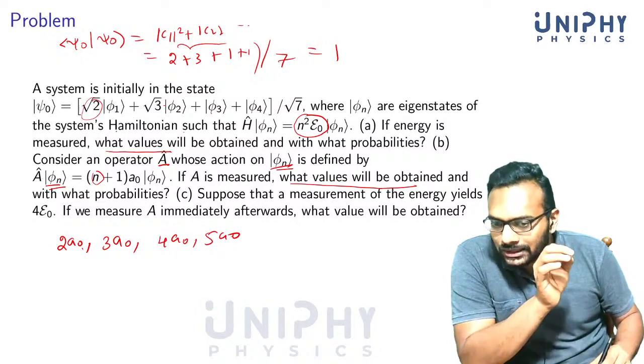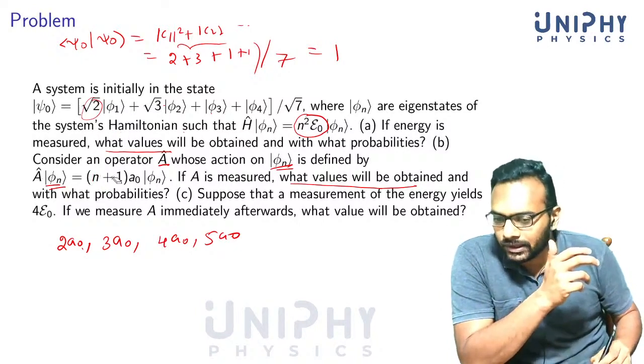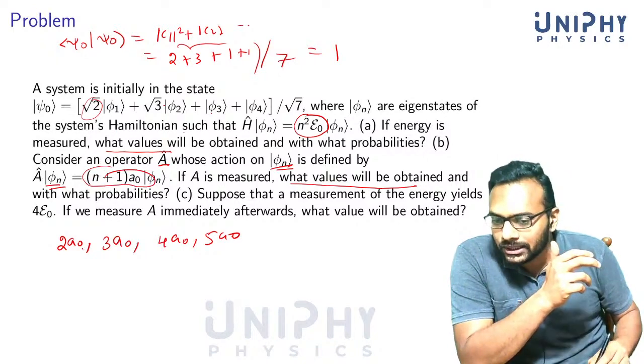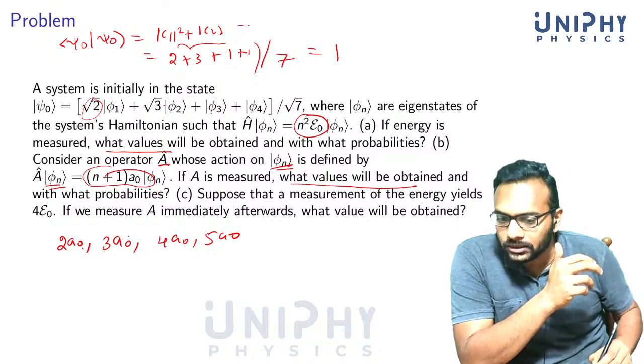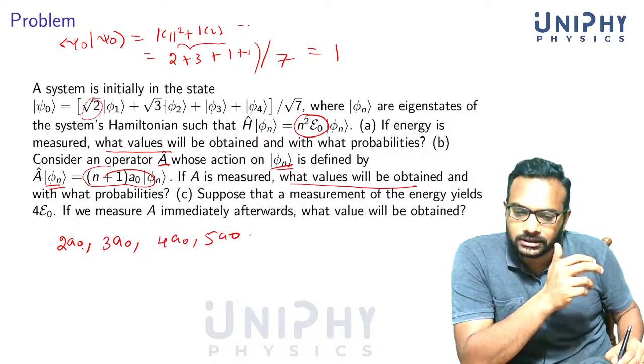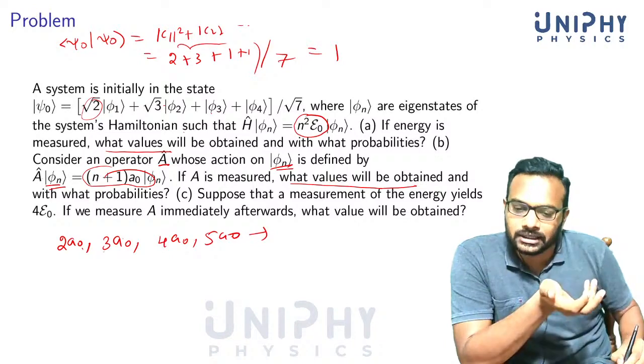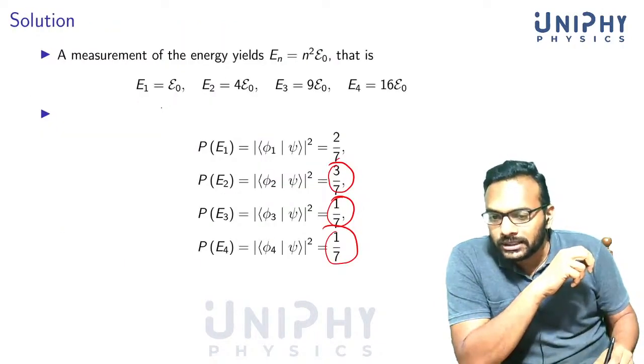You just look at the state and what is the eigenvalue. So here the eigenvalue is given by n plus 1 A 0. For n equal to 1, you will have 2 A 0, 3 A 0, 4 A 0 and 5 A 0. These are the possible measured values of A. And with what probabilities? Again, the probabilities are exactly the same as before. It will be 2 by 7, 3 by 7.